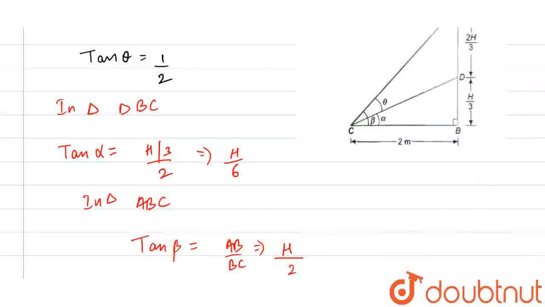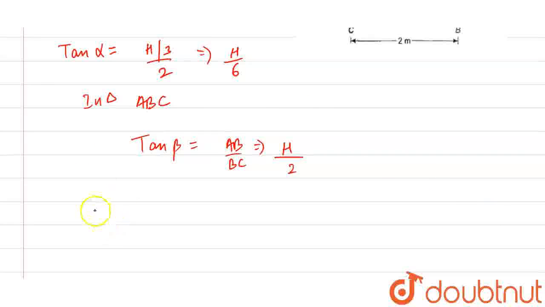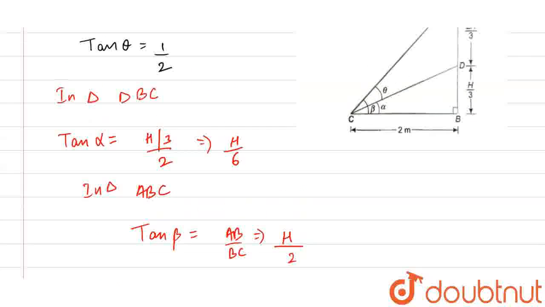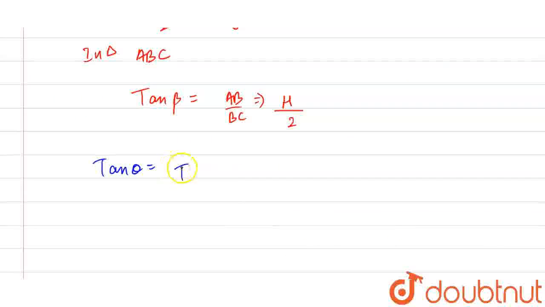Now we can find tan theta. Theta is this whole angle beta minus alpha, so tan theta equals tan of beta minus alpha.